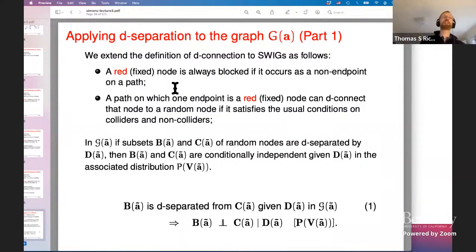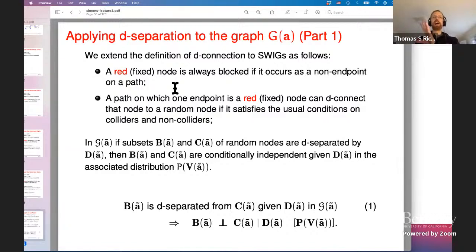And the key thing to remember is that we're never going to allow a red node to be a non-endpoint node on a path. So any path that goes through a red node is always blocked. We just don't ever consider paths that have red fixed nodes on them unless it's as one endpoint.